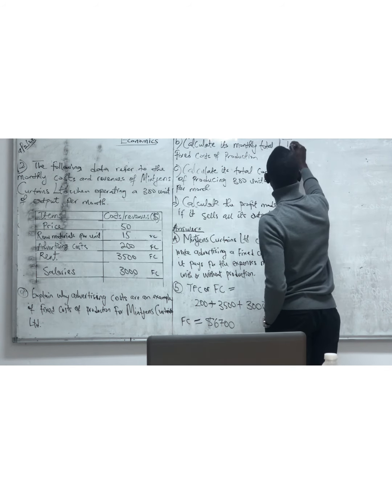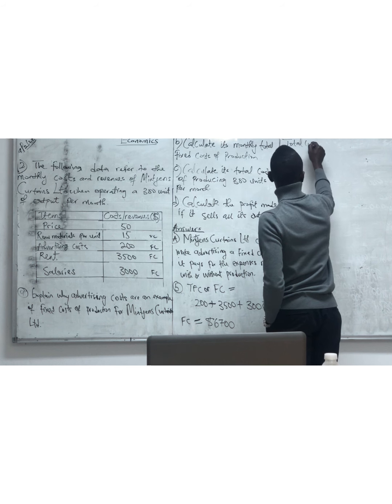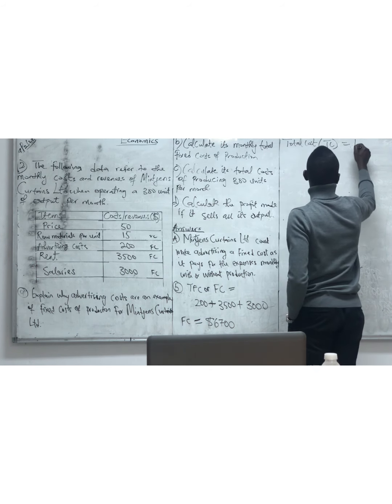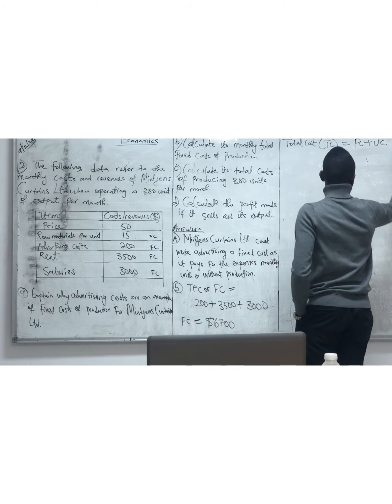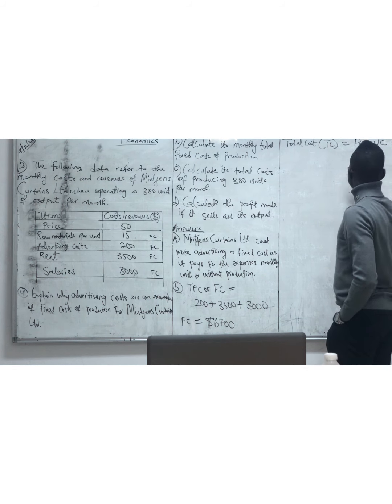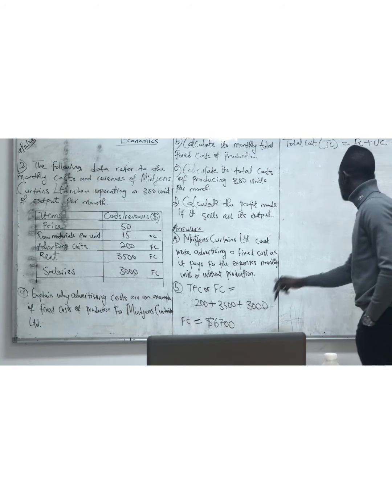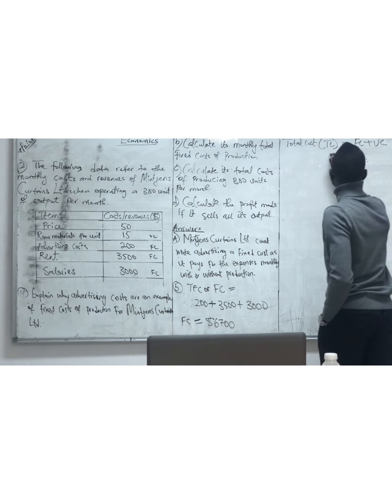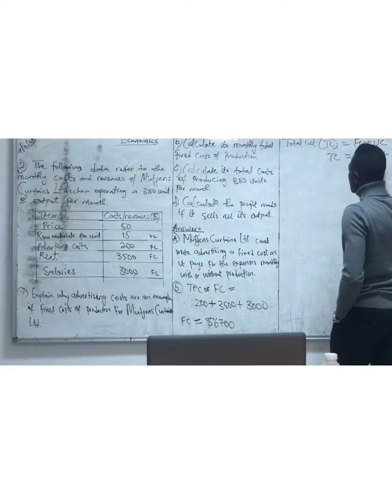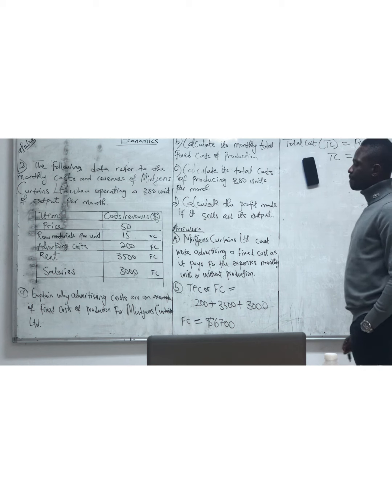Remember total cost, TC is FC plus VC, right? So what's our FC? Our FC is 6,700. So TC is 6,700 plus our VC. What's our VC?